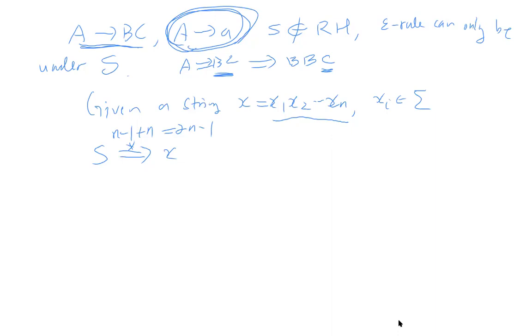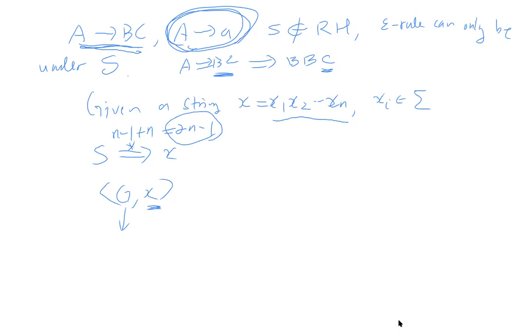Hence, we can construct a Turing machine. You have G, a context-free grammar, as input. You convert it to Chomsky normal form, and then you try all possible sequences of using these rules, but you only apply them 2n minus 1 times for each possible derivation.